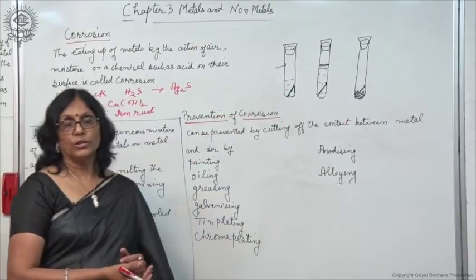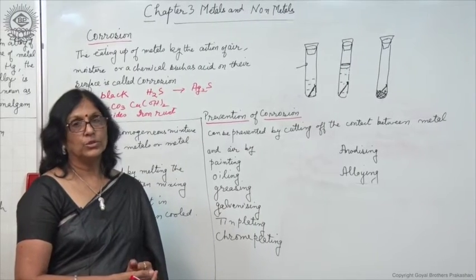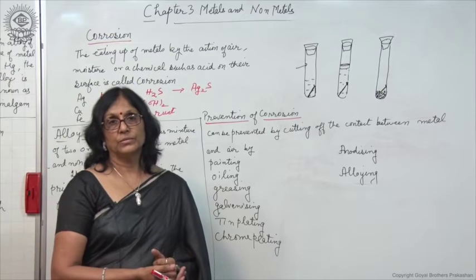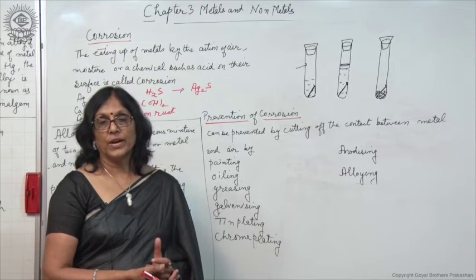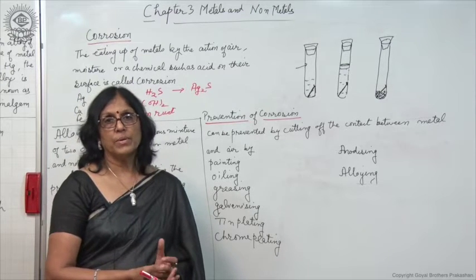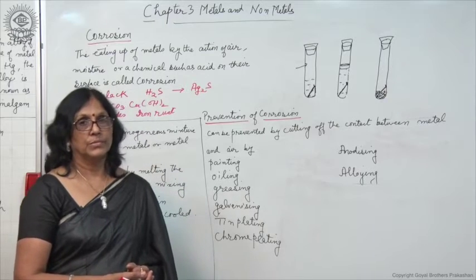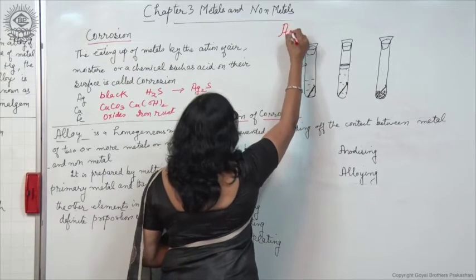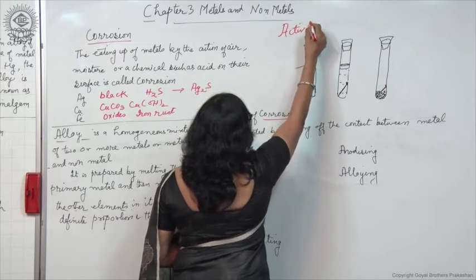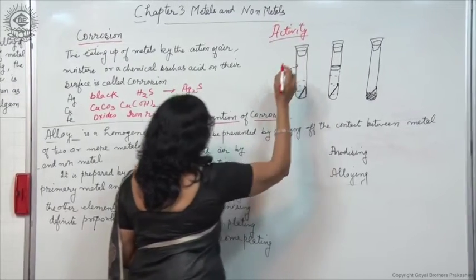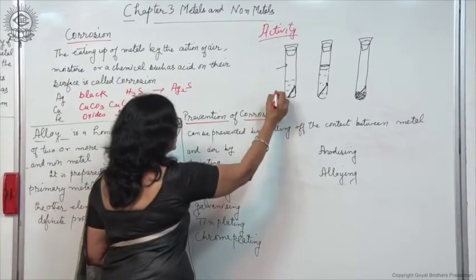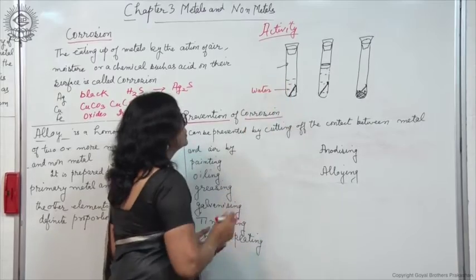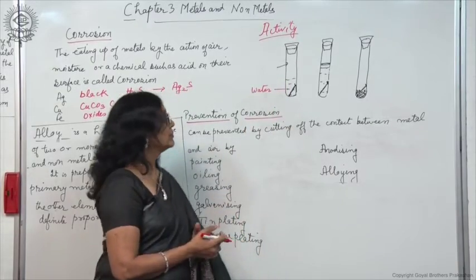Now, have you ever thought why does corrosion occur? What are the conditions necessary for corrosion, or we can say rusting of iron? For this, a simple activity can be performed in the lab by taking 3 test tubes. In one test tube, water is taken, a normal test tube.